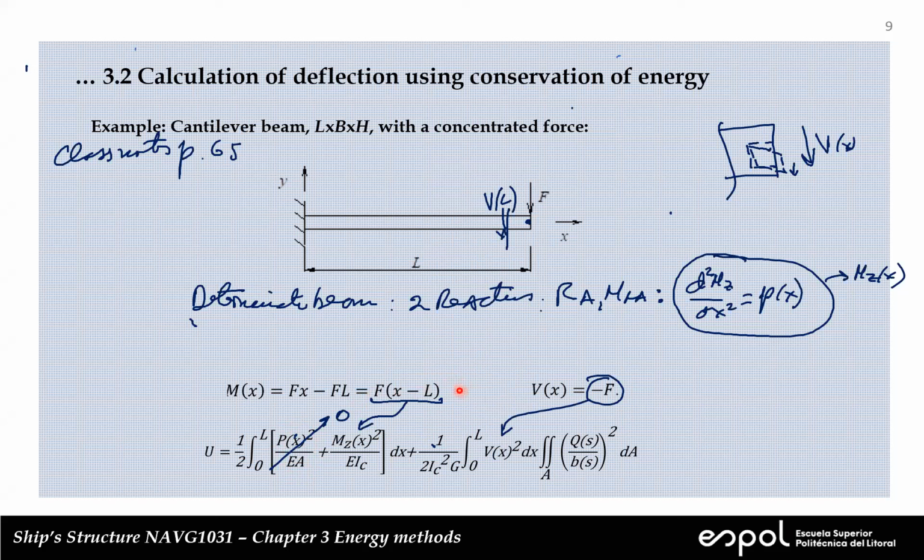But you said that the energy method takes the normal stress squared. So if we had an axial load and bending moment, why don't we put them squared? You can imagine that if you have an axial force and a vertical force, let's suppose that you do it in steps.